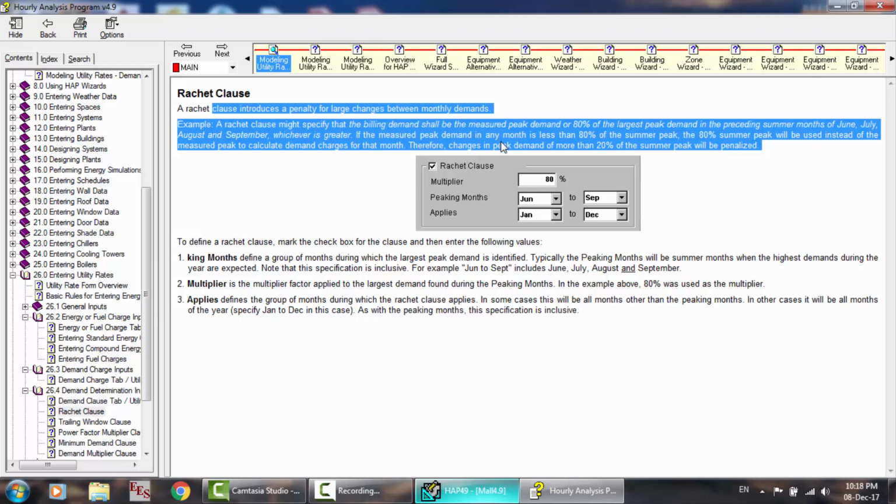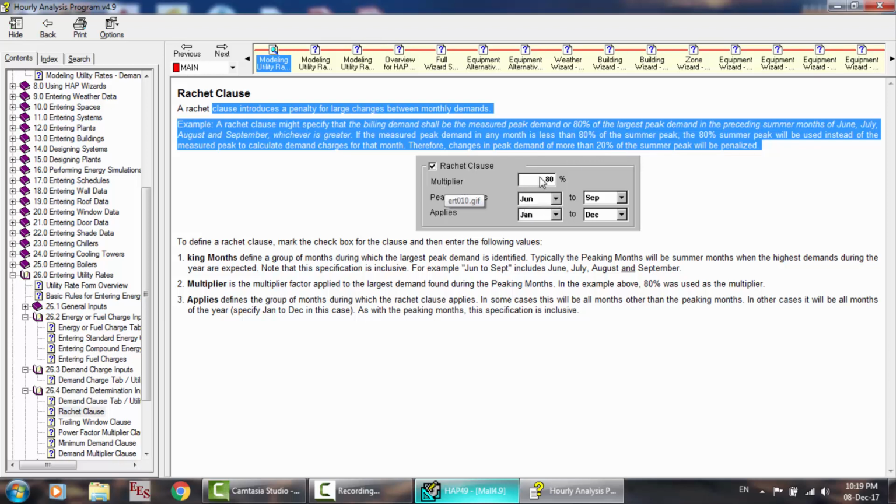If the measured peak demand in any month is less than 80% of the summer peak, the 80% summer peak will be used instead of the measured peak to calculate demand charges for that month. Therefore, changes in peak demand of more than 20% of the summer peak will be penalized.